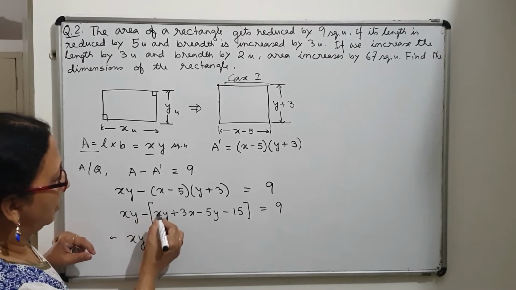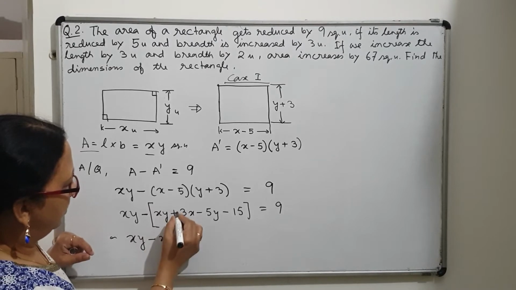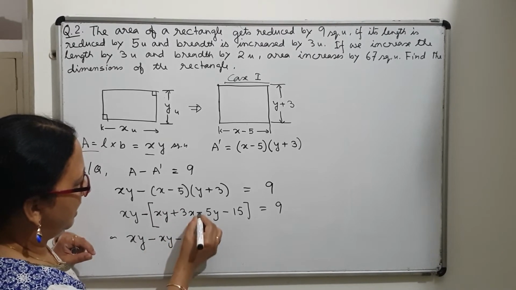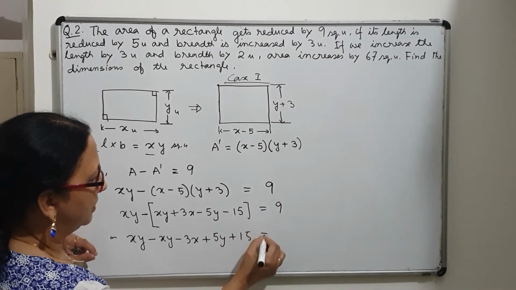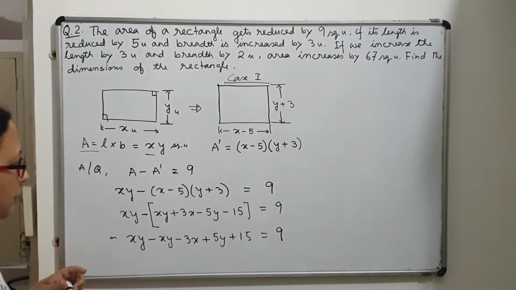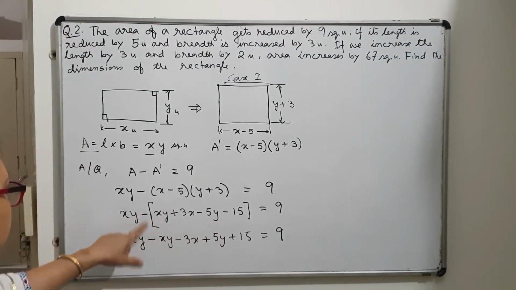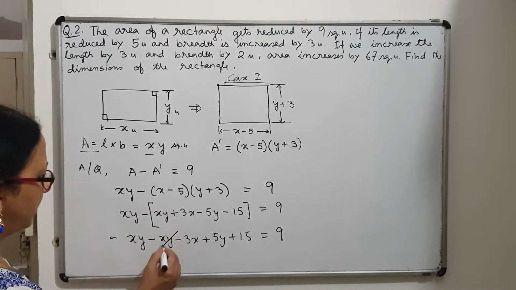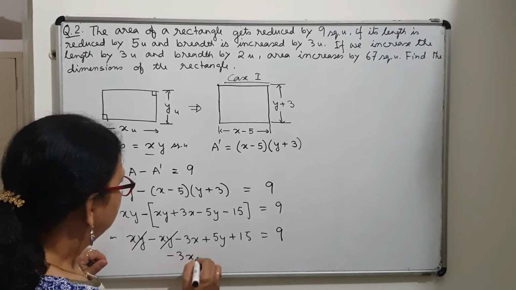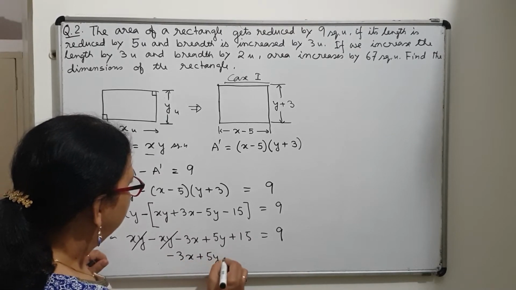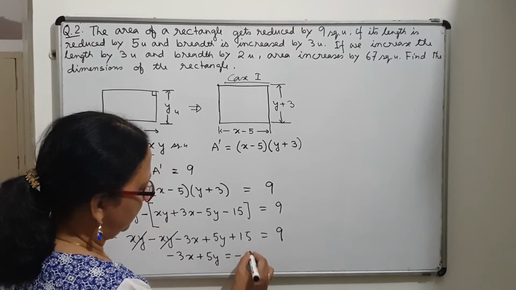There's a minus sign, so all the signs will be reversed. So it is minus xy, plus will become minus, and minus will become plus. If you put the bracket, then there will be no mistake with the signs. So the xy terms get cancelled. You are left with minus 3x plus 5y is equal to 15 going to that side, so it is minus 6.